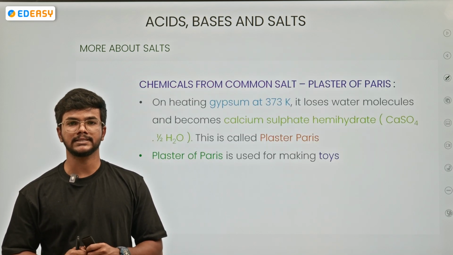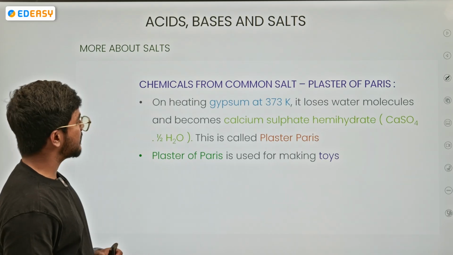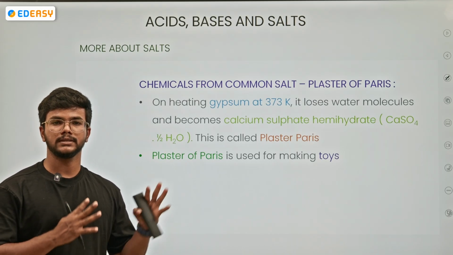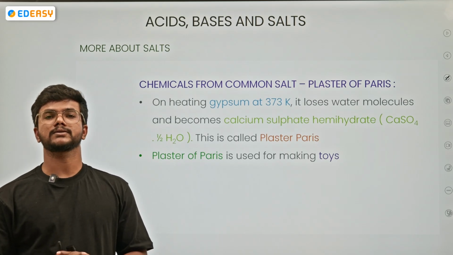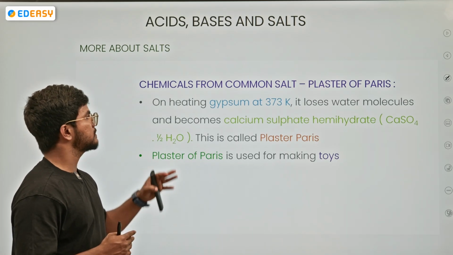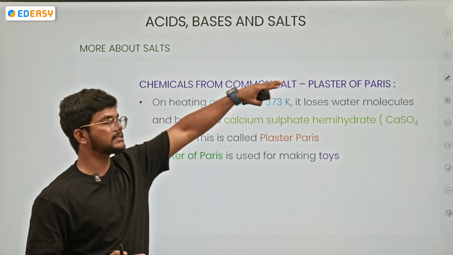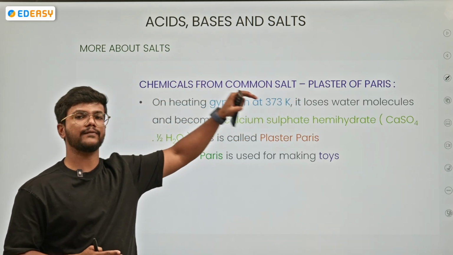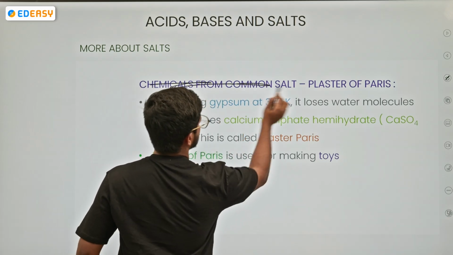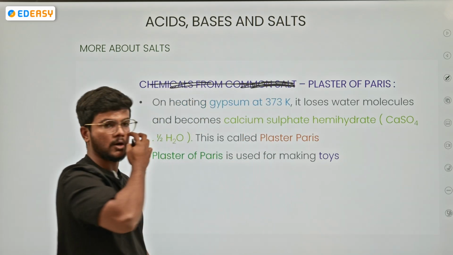So next is chemicals from the common salt. The last topic of this unit is plaster of Paris. But plaster of Paris is not prepared from the common salt. Just remember, it is not prepared from the common salt.